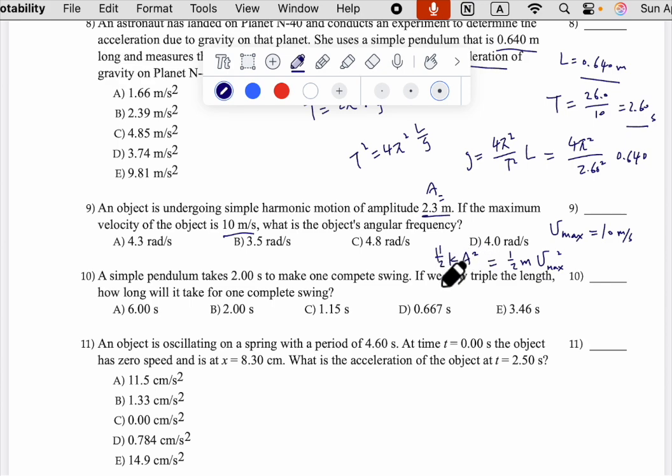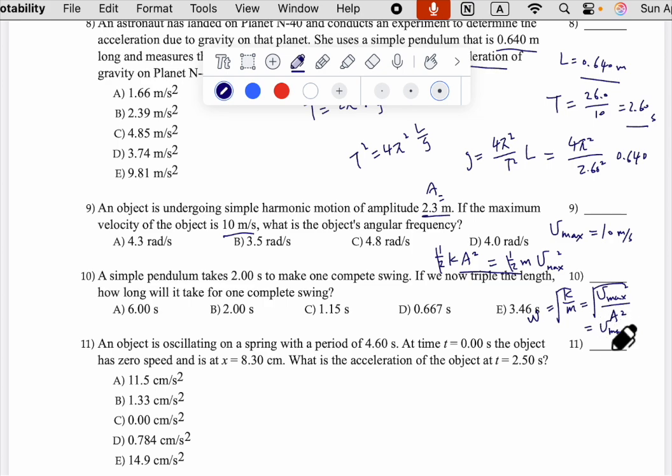So the half cancels, and k over m equals v maximum squared over A squared. Then you take the square root on both sides. The left side is your angular frequency.